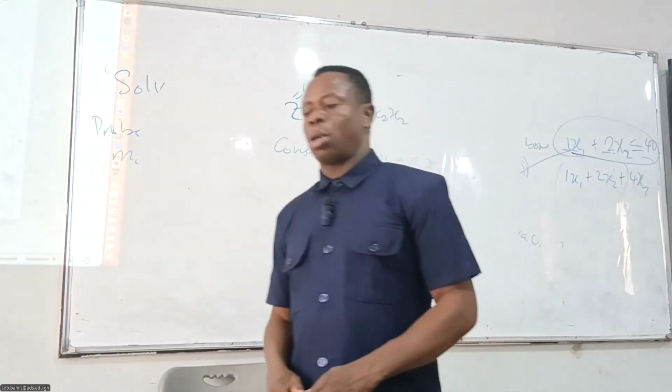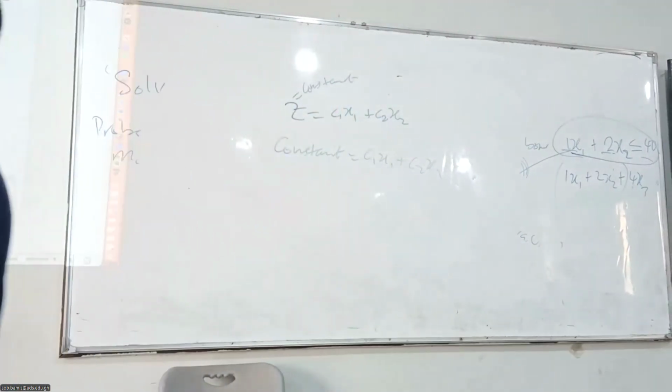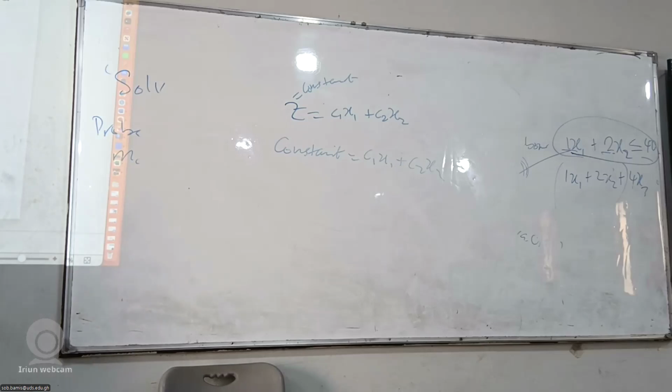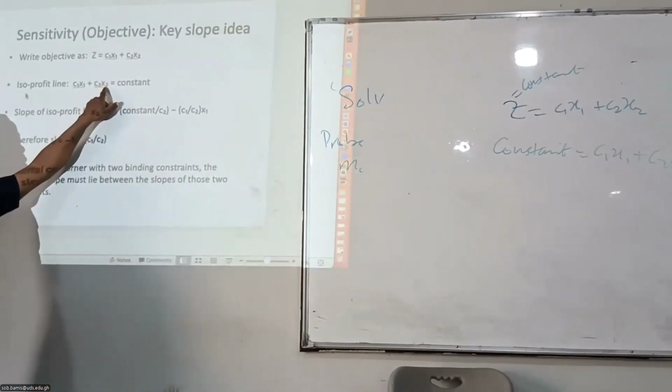Now, what we want to do is to find the slope of the isoprofit line. So this is the objective function, and we want to find the slope of it. To find the slope of this line, we simply make X2 the subject.